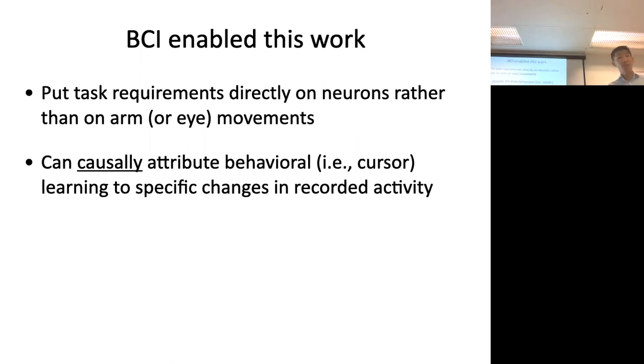Because we put these task requirements directly on the neurons, and because we're able to record from the complete set of control signals used to determine behavior, the cursor movements, we can causally attribute behavioral changes, i.e. in this case learning, to specific changes in the recorded activity. And this causal point, I think, is a powerful one.